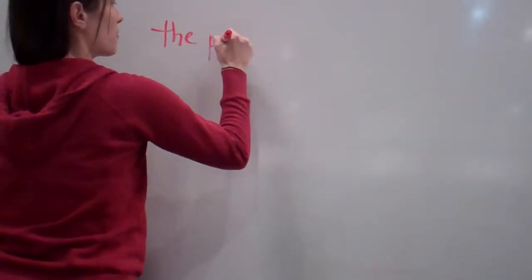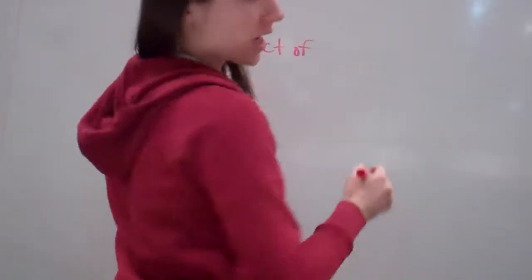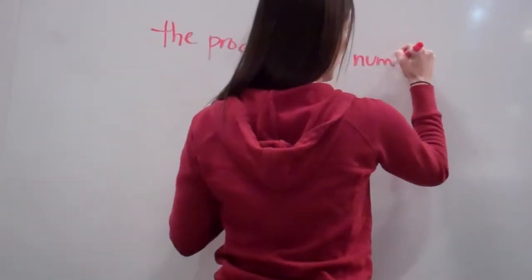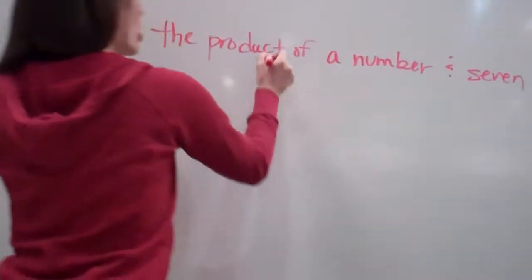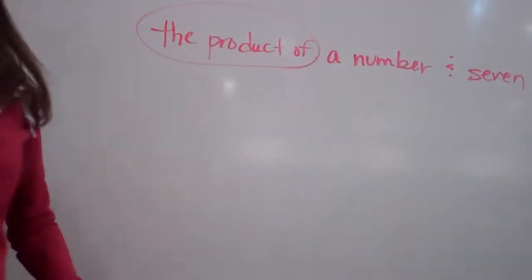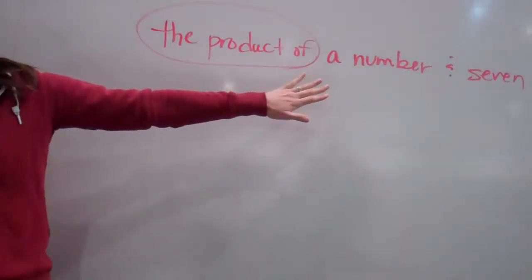The next one says, the product of a number and 7. Knowing that it's the product of, what does that tell us? You're going to be multiplying. And what do they want us to multiply?